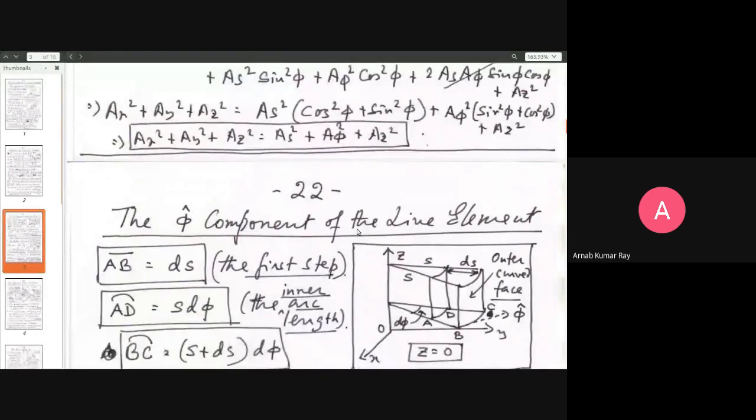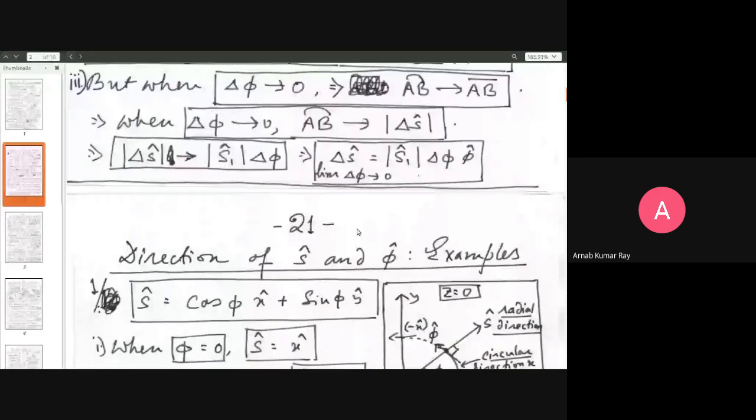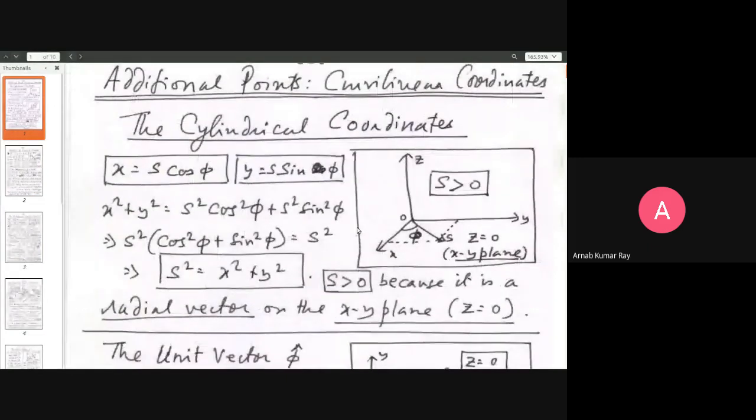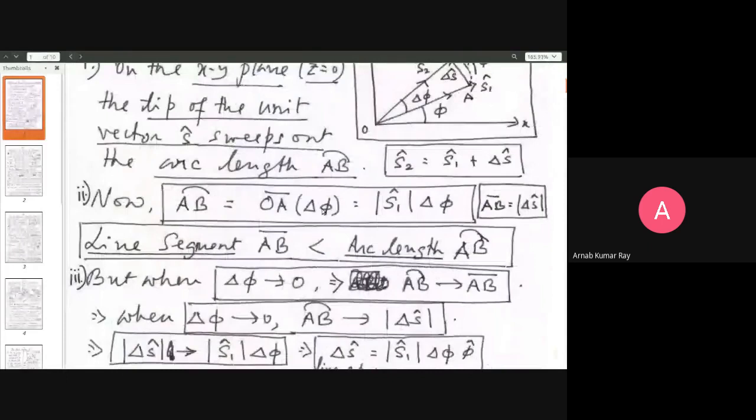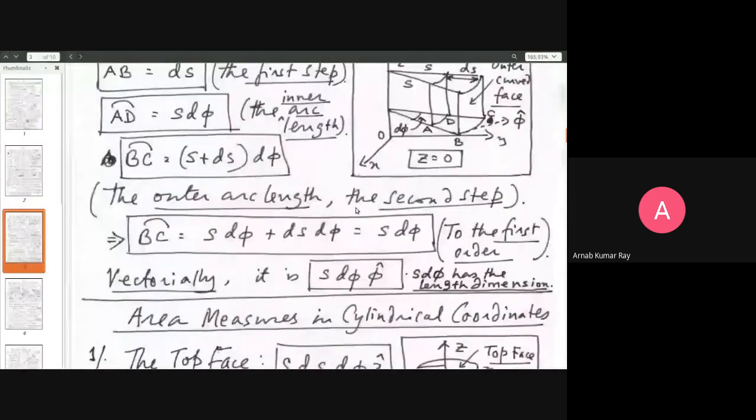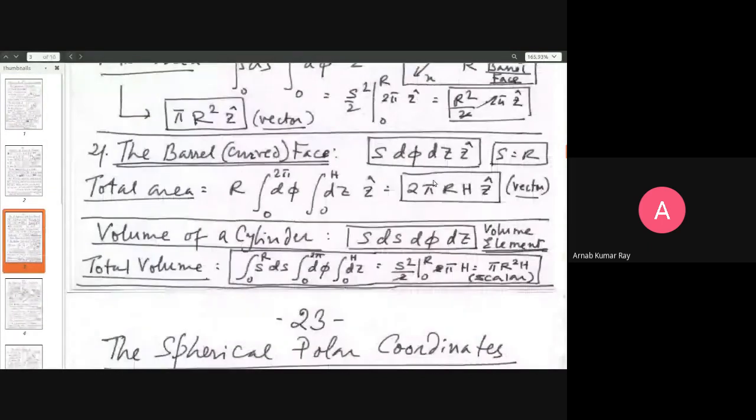You remember these were the additional points we discussed for the cylindrical coordinates in the last class. There was some error in my hurriedly written notes. I told you to make a careful note of that. This z cap, this z cap, and this z cap should be s cap. So make a careful note of that.